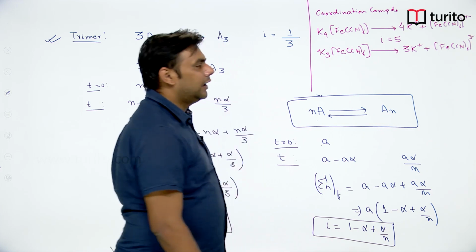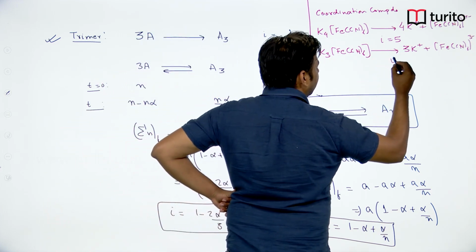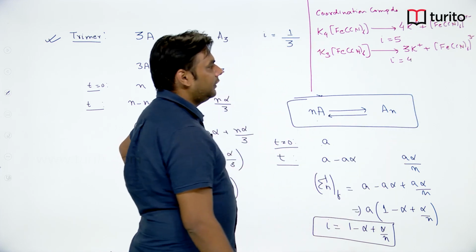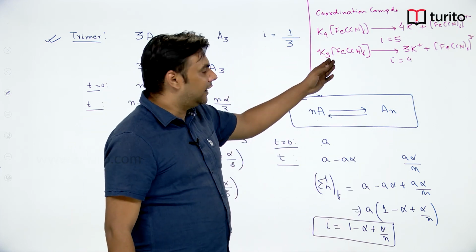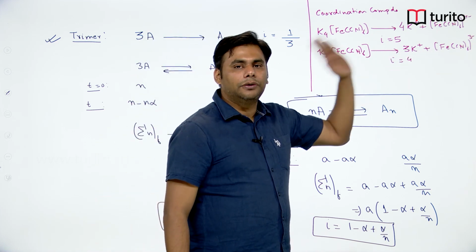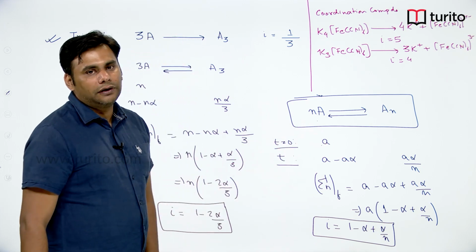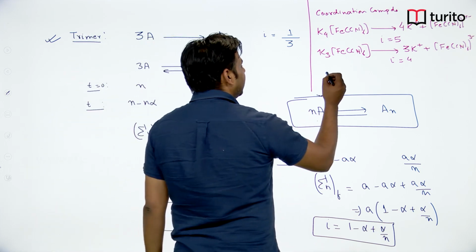So clearly if the degree of dissociation is 100%, it is giving 4 ions, so the Van't Hoff factor would be 4. If it is alpha, then you can calculate: this is N, N minus N alpha, this would become 3 N alpha, this would become N alpha. You can find the total number of particles finally, you know the initial, you can divide and you will get it.